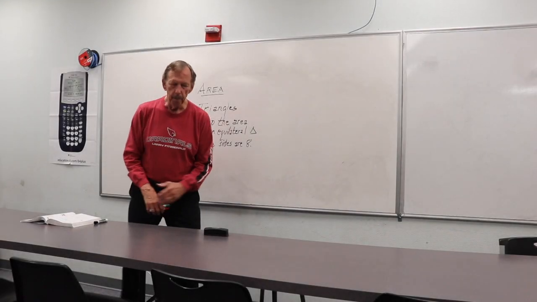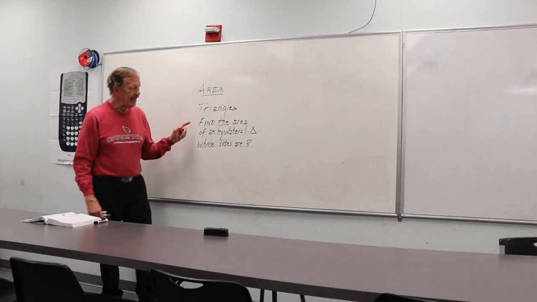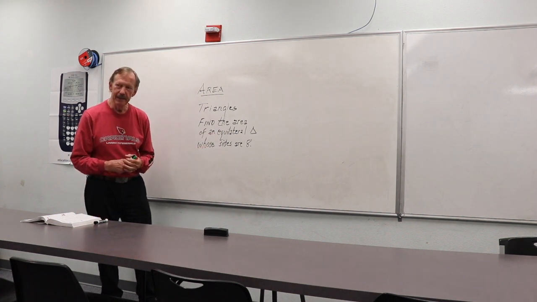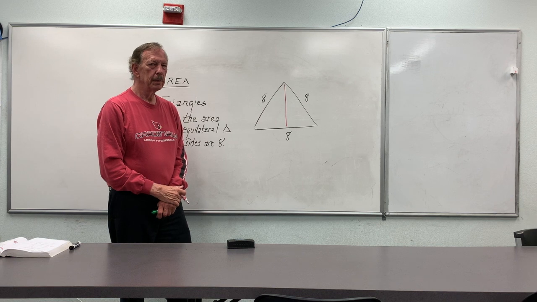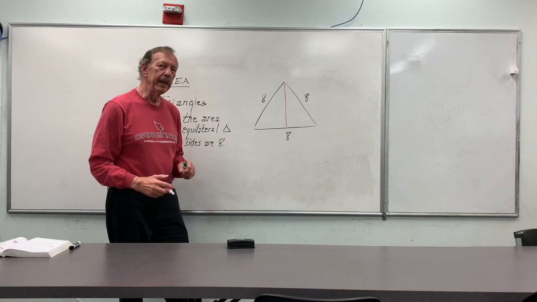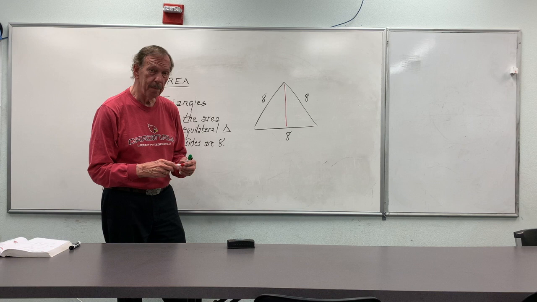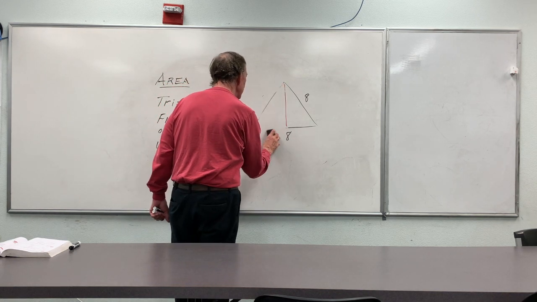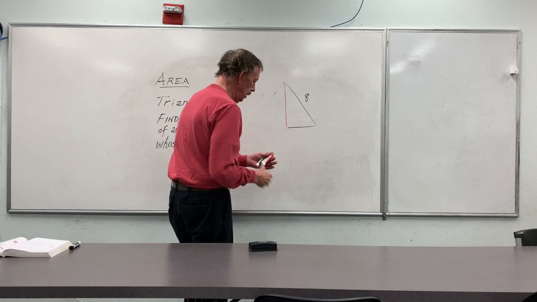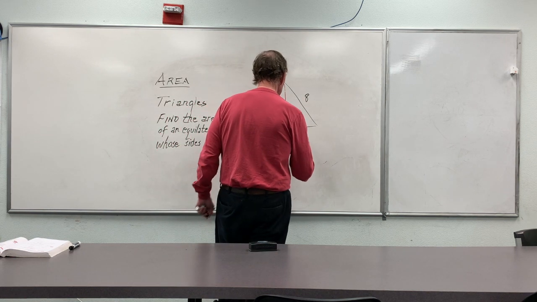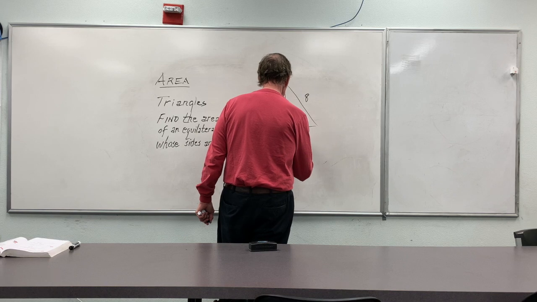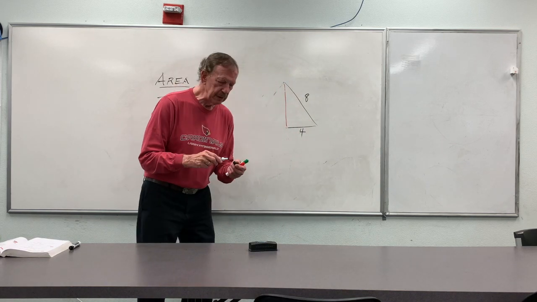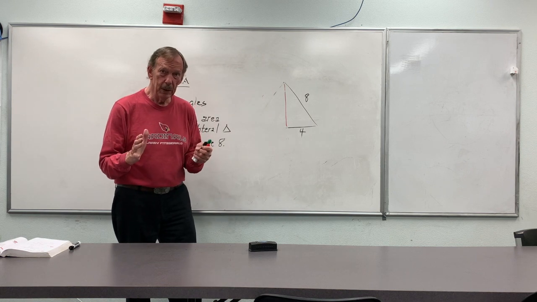In this problem, we have to find the area of an equilateral triangle whose sides are 8. Now that we have the same picture that we had before, let's erase the part we don't care about and see if we can come up with what's going on here.